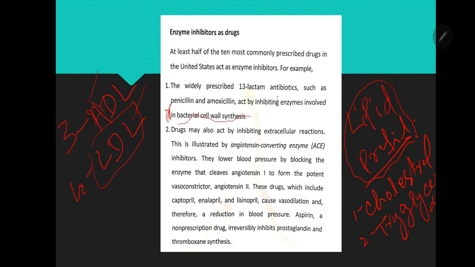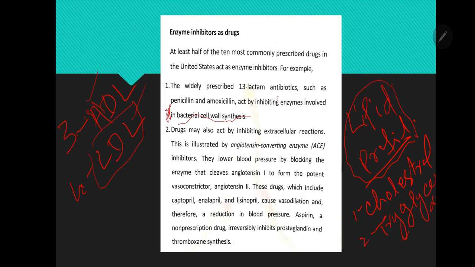One example of an extracellular inhibited reaction is that of the angiotensin converting enzyme, that is, ACE inhibitors.